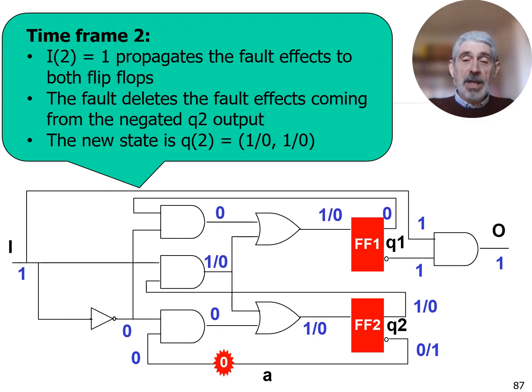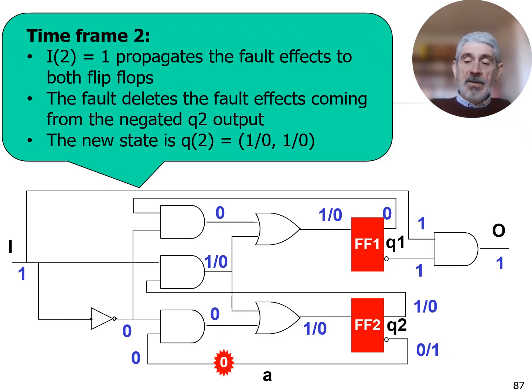In this new time frame, I will try to propagate the error existing in FF2 further, and what I can do here is to propagate this error up to the input of FF1 by forcing I to 1, because I to 1 will open the path passing through this AND gate and this OR gate. At the end of this time frame, the error produced by my fault will be latched into flip-flop number 1.